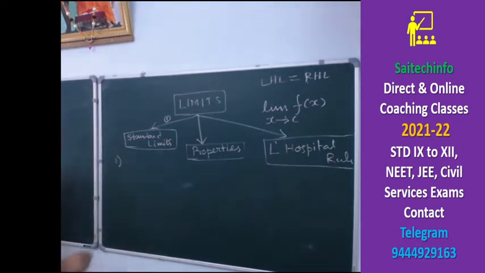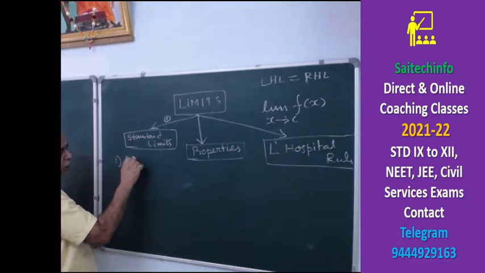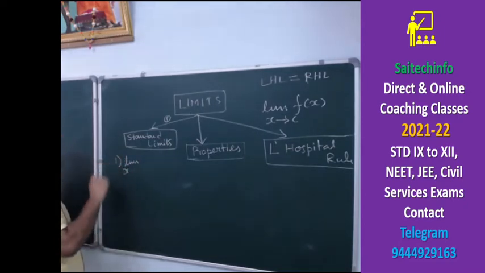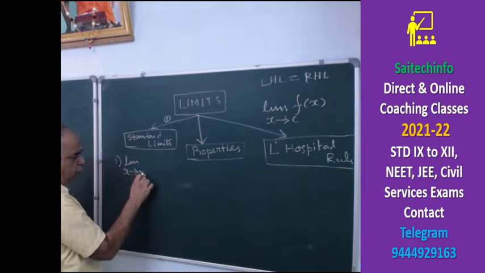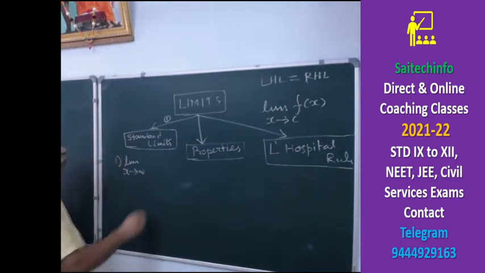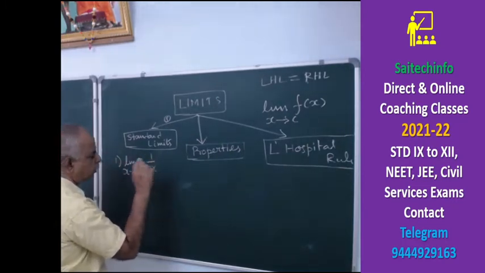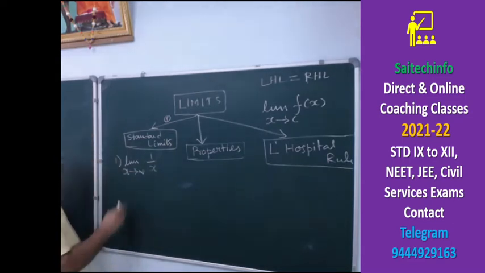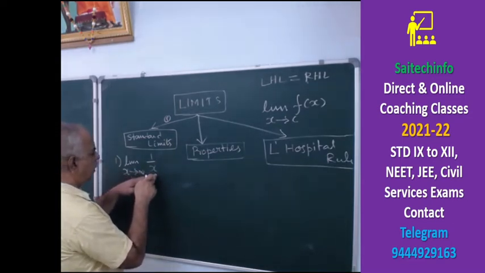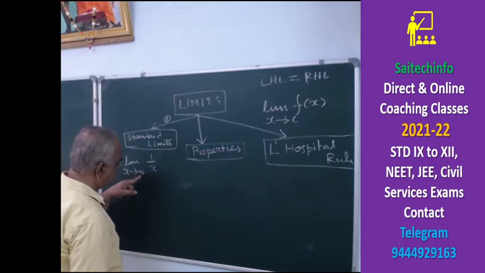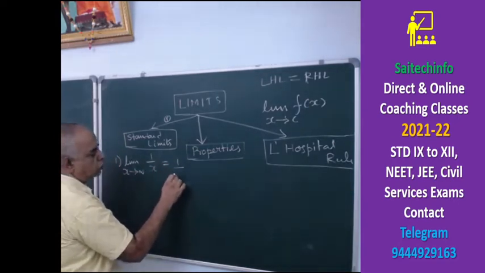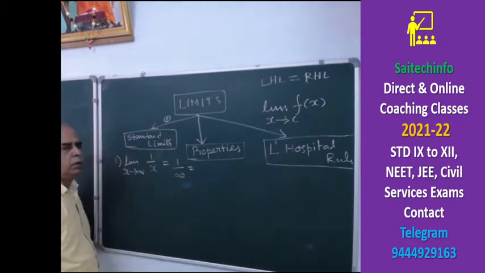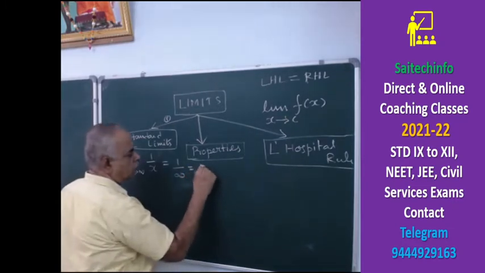Limit where x tends to infinity for 1 by x function. By substituting infinity in x, you will get 0. So 1 by infinity, anything by infinity becomes 0.